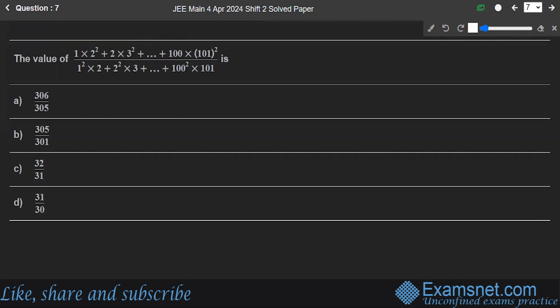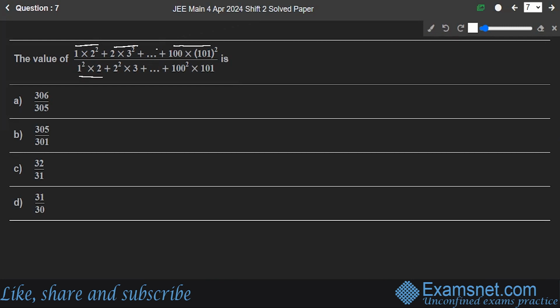Question number 7. The value of this whole expression, let's look at the expression carefully. The numerator is 1 into 2 power 2 plus 2 into 3 power 2, and so on till 100 into the next term power 2.